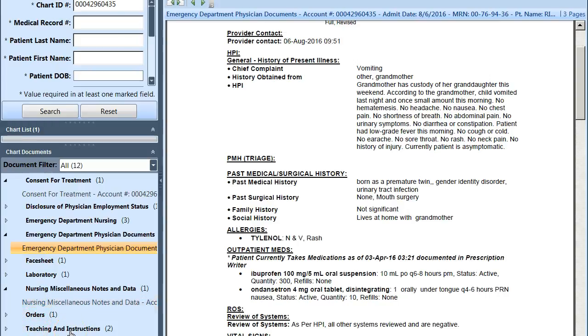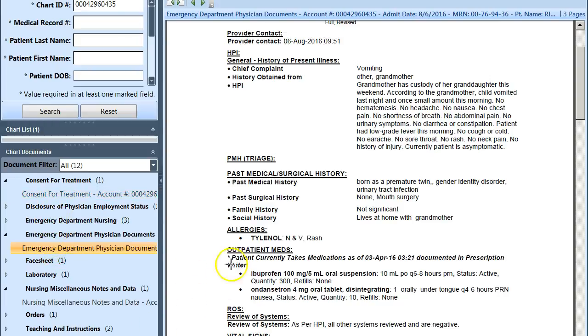It's just like a hard copy patient chart. The only thing is that for each visit, the patient has one seamless file for that particular visit only. So we're not going to find a whole bunch of information in here from a year ago. Those will be saved under a different chart number.